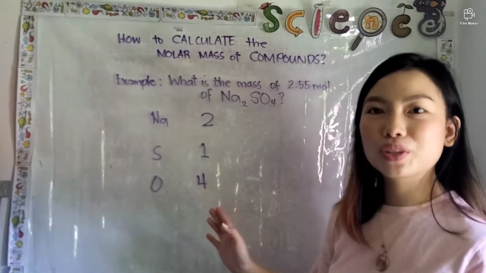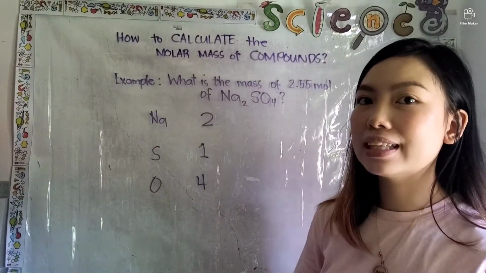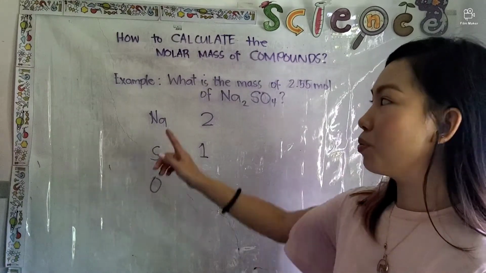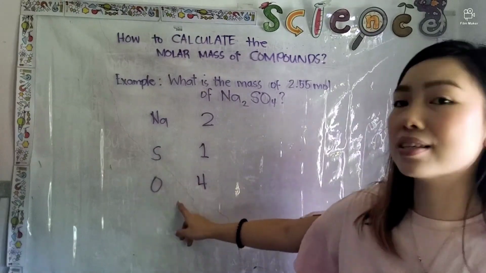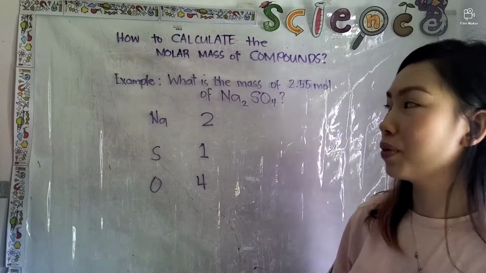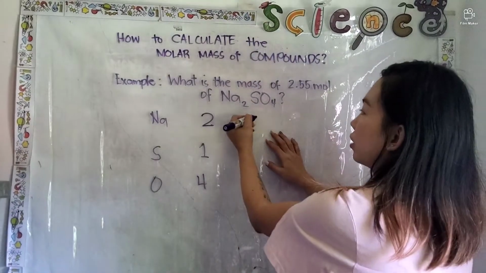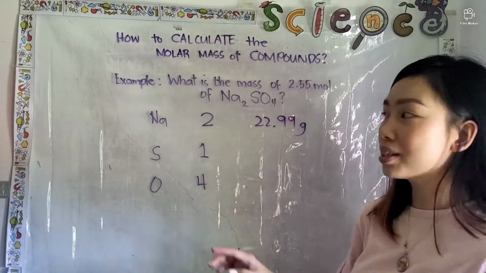So now that you know the number of atoms for each element, find now the value of their mass. So tingnan mo yung mass ng sodium, tingnan mo yung mass ng sulfur, tingnan mo rin yung mass ng oxygen in the periodic table. So sodium has a mass of 22.99 grams.